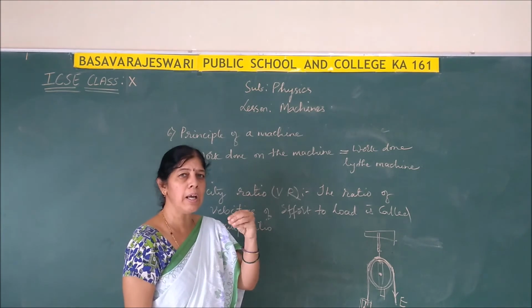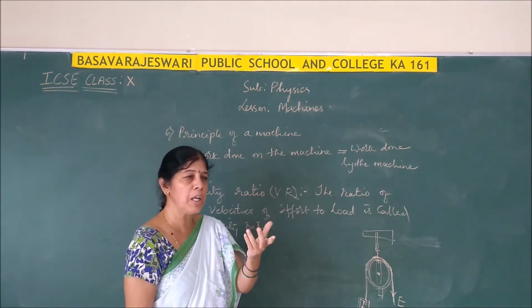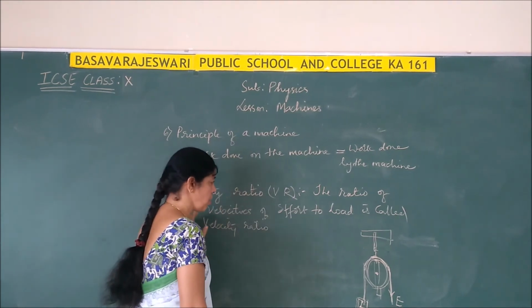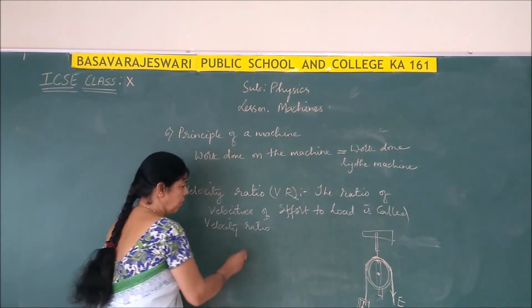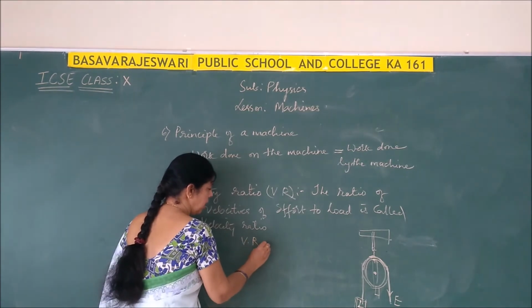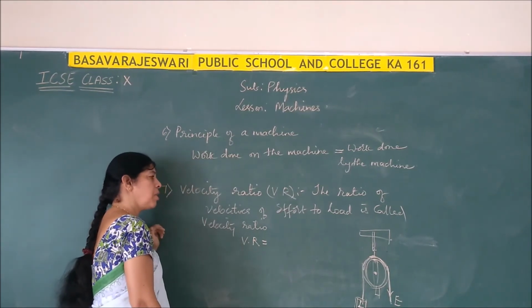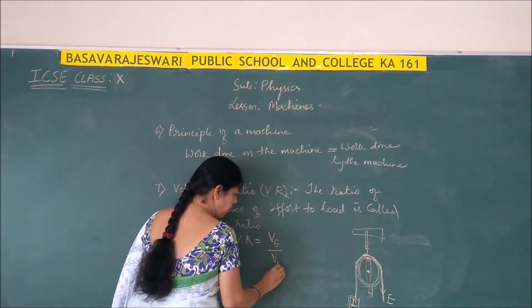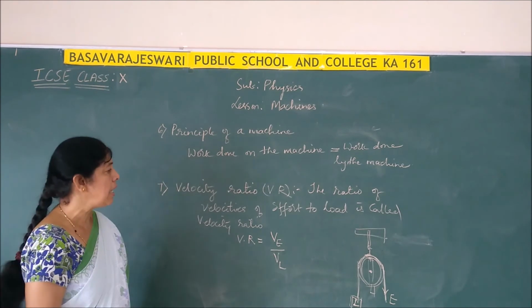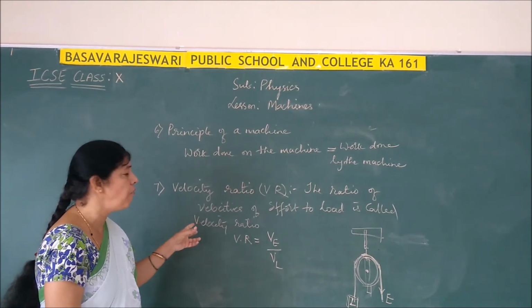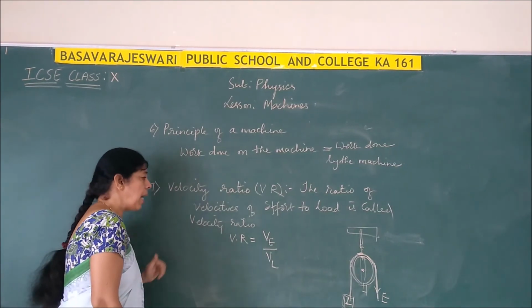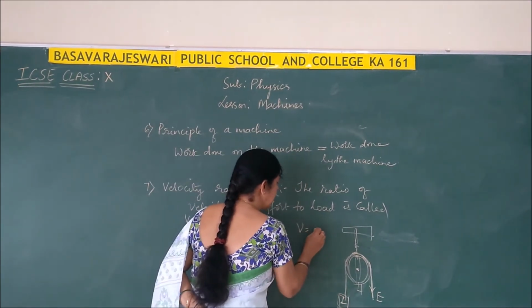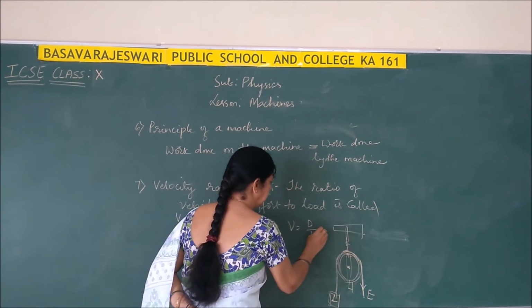And here you can calculate the velocity of effort and velocity of the load also. If you take the velocities of effort and velocity of load and take their ratio, then it is called velocity ratio. So, velocity ratio is given as velocity of effort by velocity of load. This is in precise the definition of velocity ratio. Now, as I told you, velocity is nothing but displacement by time taken.